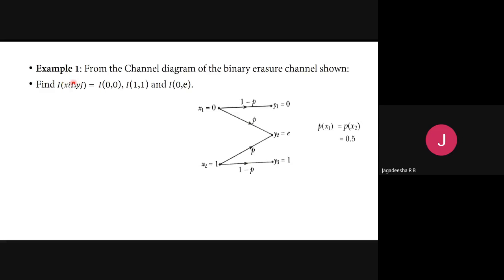Actually, you need to find out the mutual information, but not for every case. Here, the question is mainly interested in finding out these. 00 means input and output: you transmit 0 and you receive 0. Probability of 1 minus p, right? And then I11, 1 is transmitted and 1 is received. What's the probability?